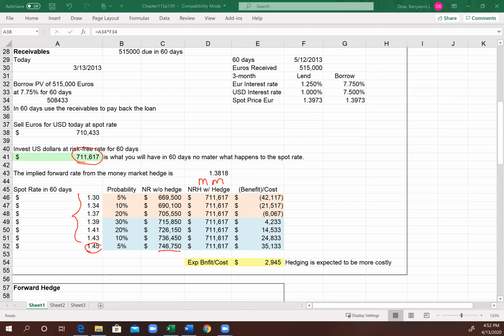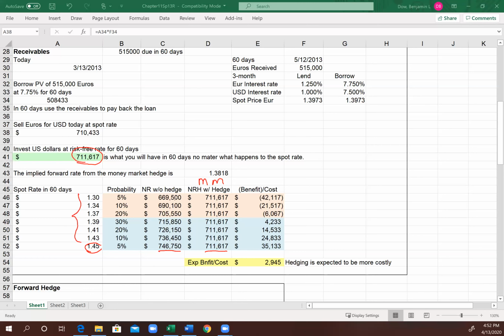In fact, they would be worth 746,750. And we could compare that to the money market hedge. Now remember, if we used the money market hedge, all we needed to know was the spot rate today, and also what interest rates were in terms of money market securities.